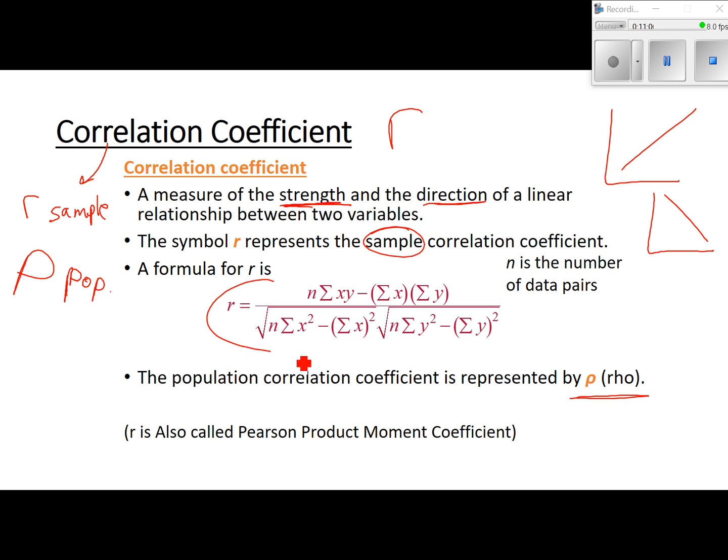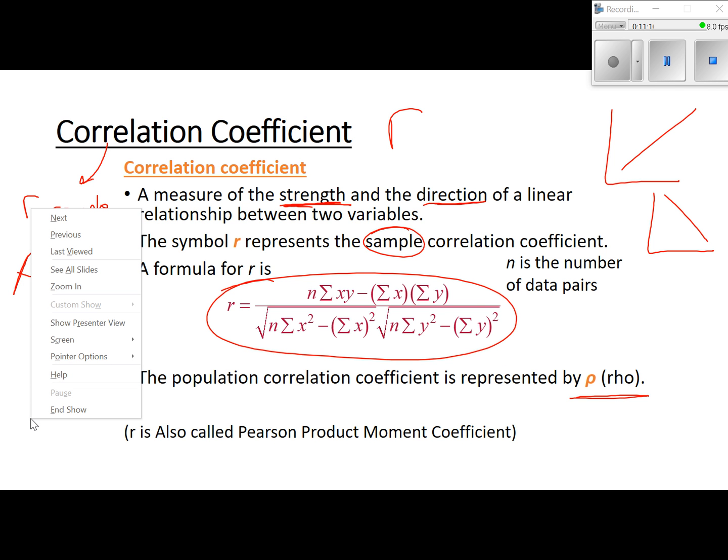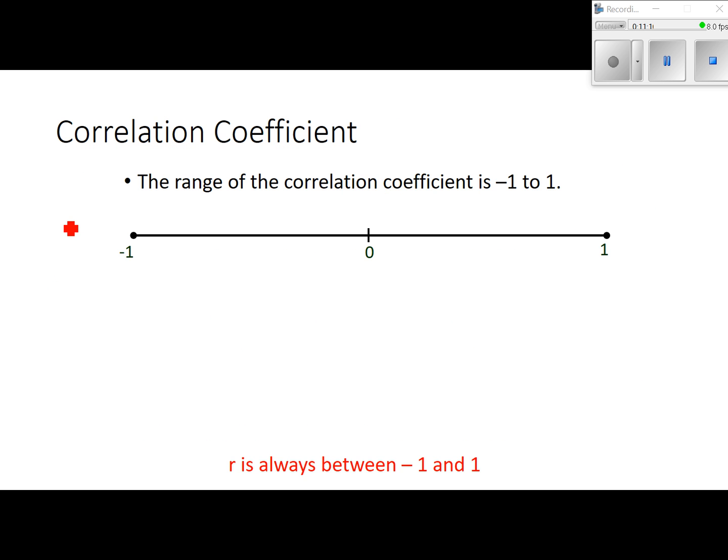This is the formula to find R. Again, another crazy formula, and we're going to learn how to use our calculators to find that, but I'm going to show you how to do it out longhand. The correlation coefficient, R, is always going to fall somewhere between -1 and 1.